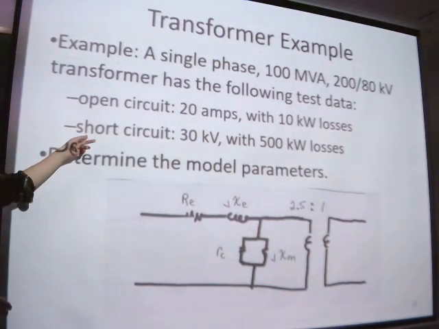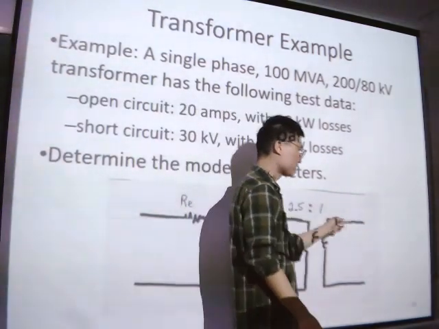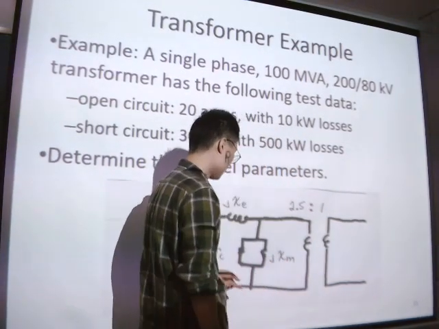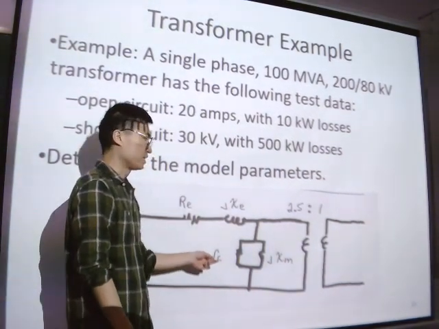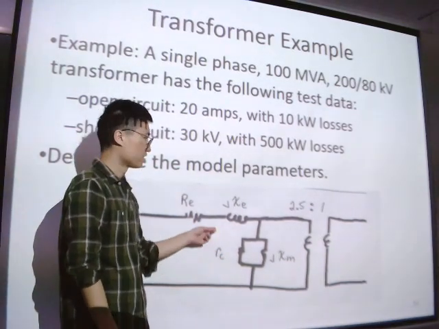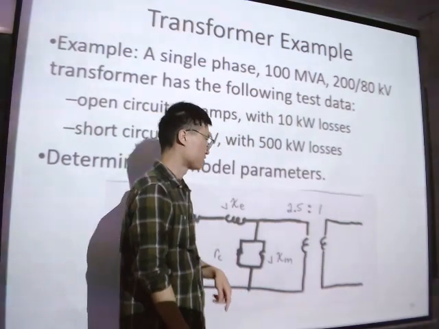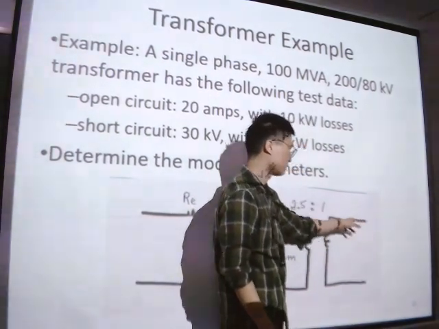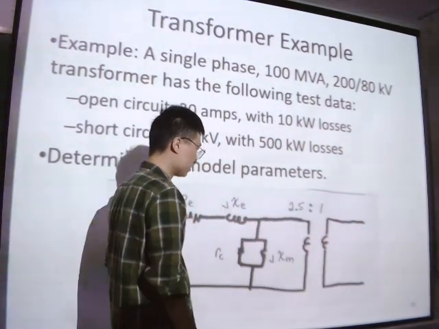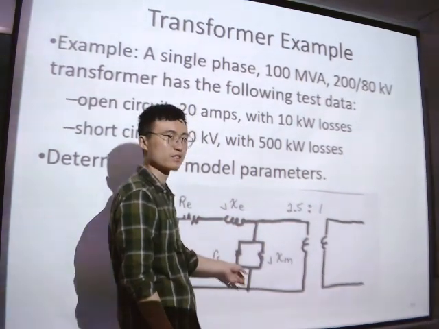In the short circuit, there is the current, because the impedance of the core is very large. You can see we assume that the current will flow here. So in open circuit, no current, the current will flow through here. Okay.